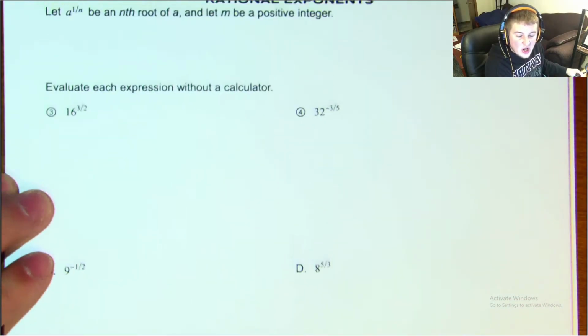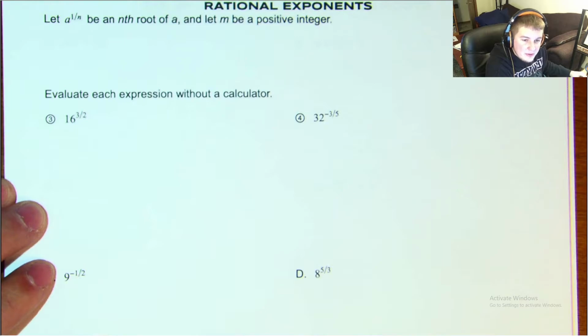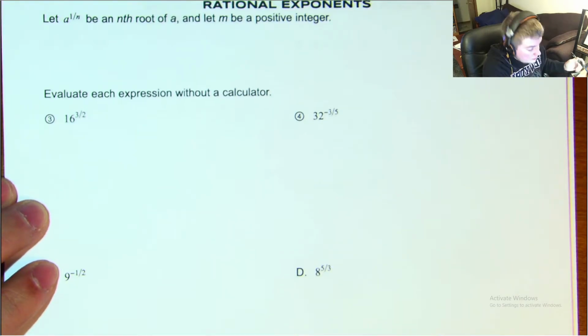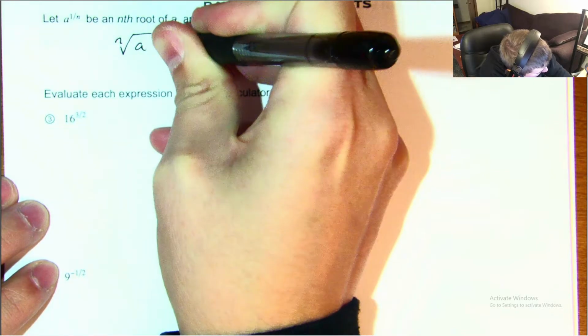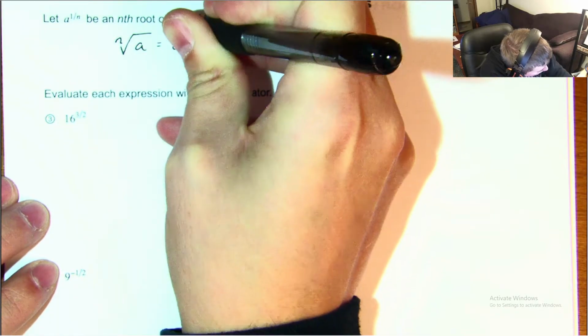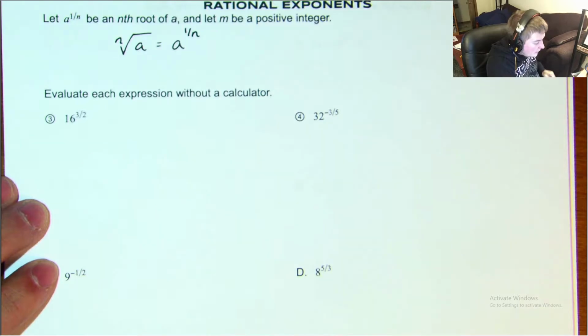So we've kind of already talked about the roots of problems, and we know that the nth root of a is equal to a to the 1 over n power.